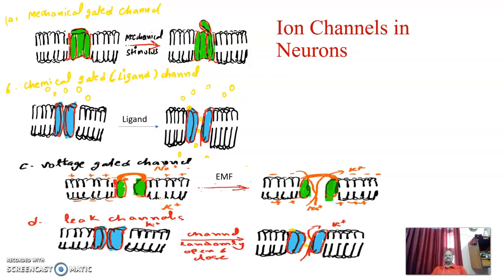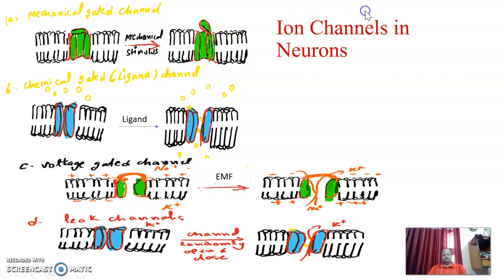One is the resting state, in which the inactivation channel is open and the activation channel is closed. In the activation state, both channels are open, and the third state is the inactivation state, where both channels are closed.